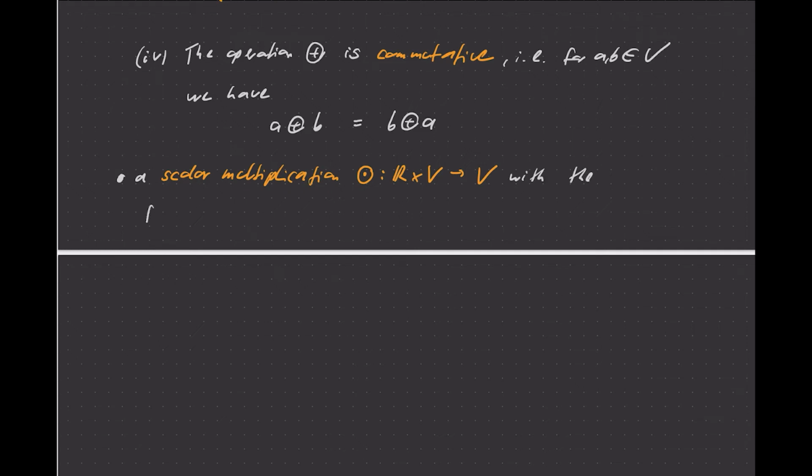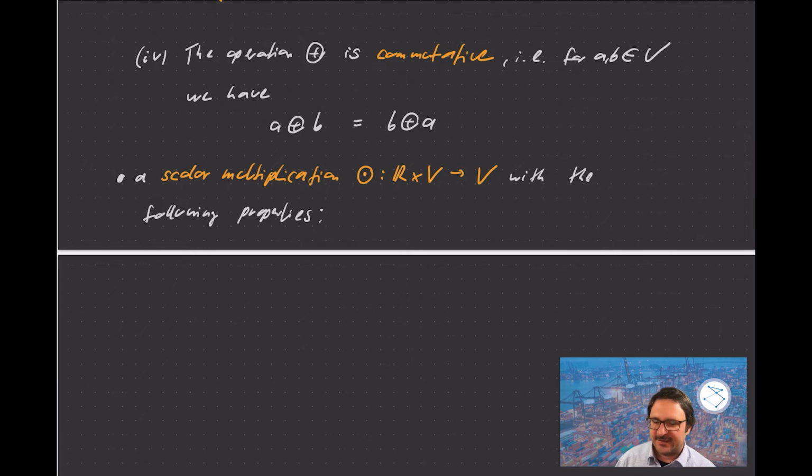And it needs to have the following properties. And again, we want that to be a meaningful multiplication in a way. Actually, that's not as strict as with the addition because we do not multiply two elements of the same set. So that's a little more loose.